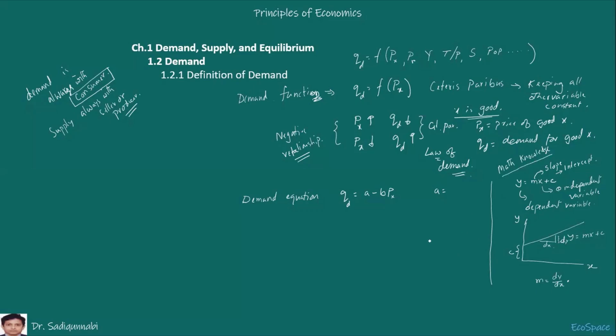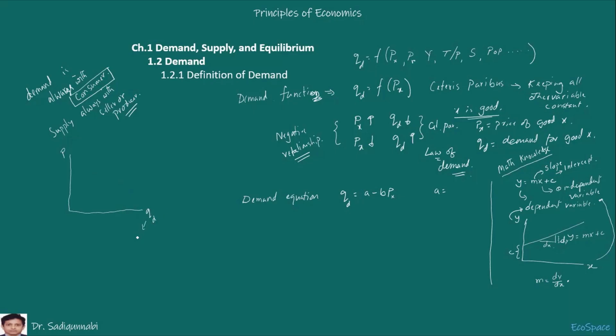So we can convert it into our economics knowledge. In economics, particularly for demand and supply, Y is called the dependent variable, right? And X is the independent variable. But in economics, we set price here and QD there.